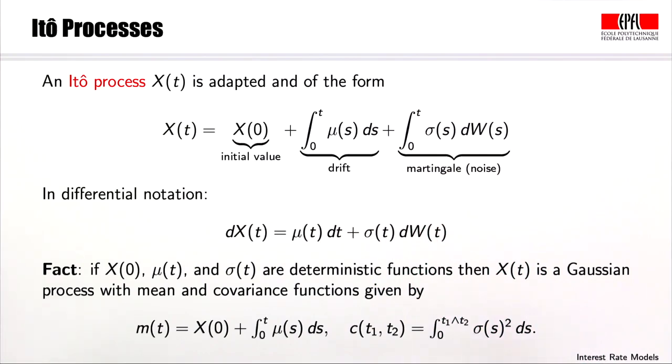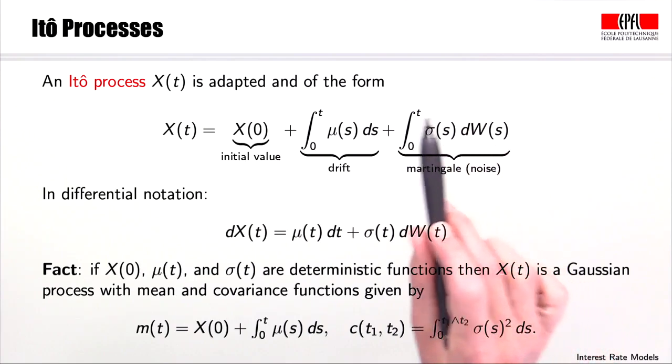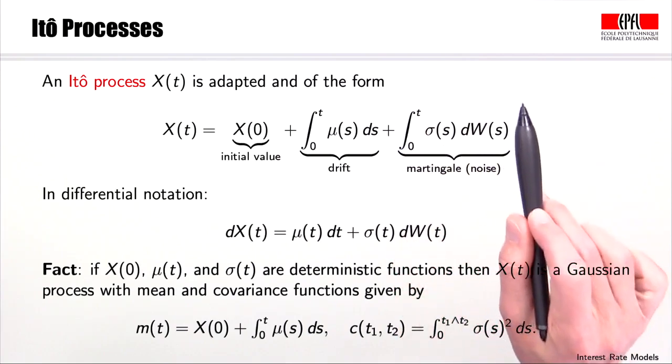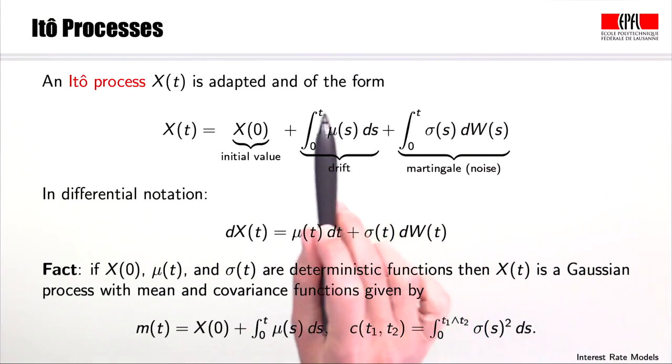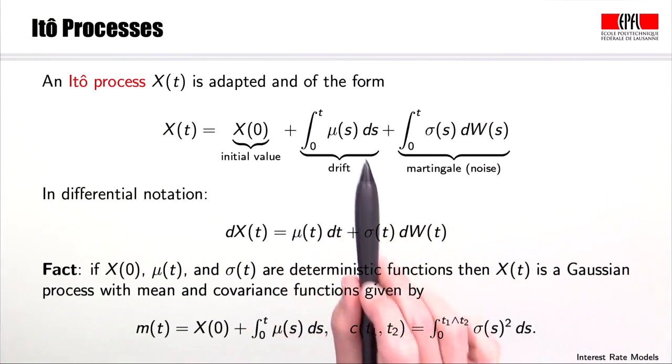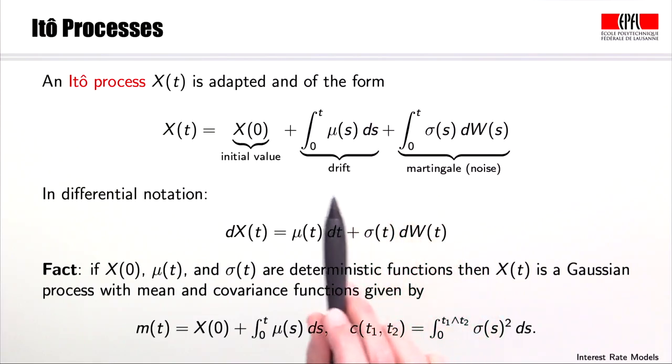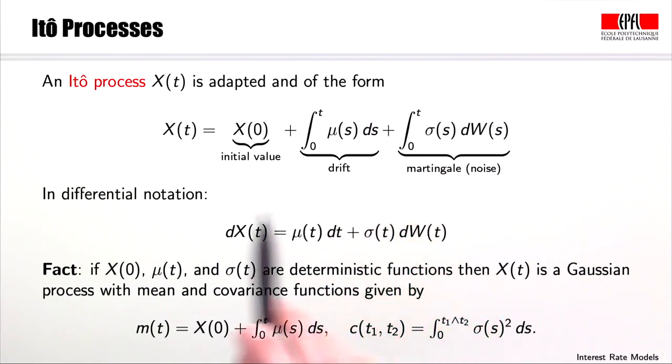Remember that the Brownian motion, and therefore the stochastic integral, has rough trajectories. The drift, in contrast, has smooth trajectories and models trends in the evolution of x. An Ito process is thus the ideal model for the price process of a financial asset.